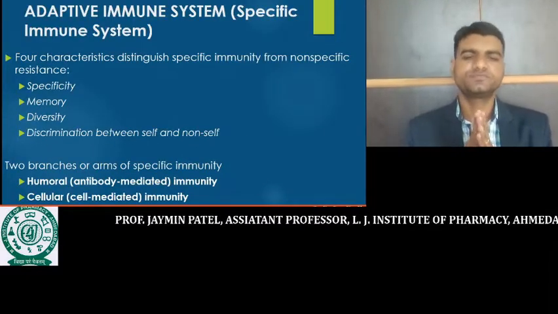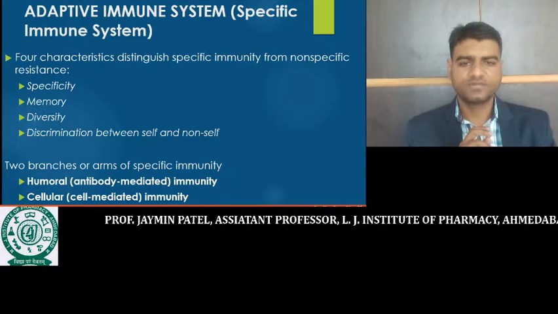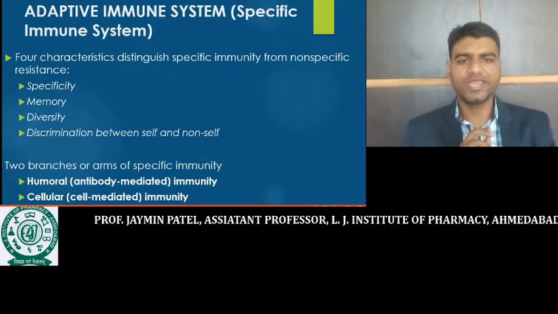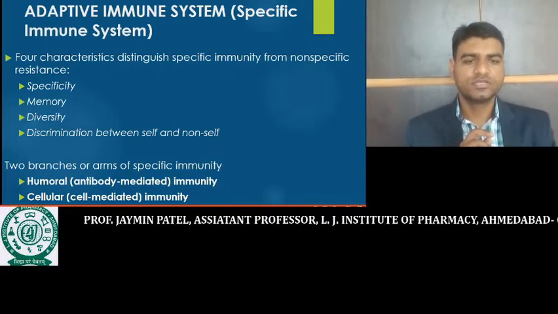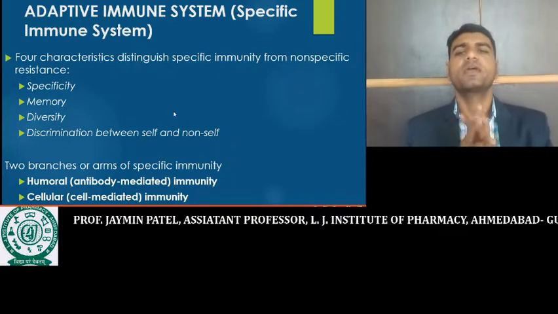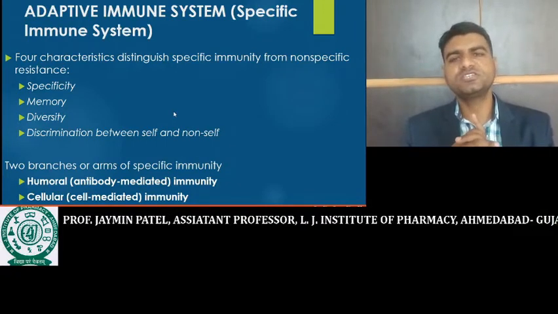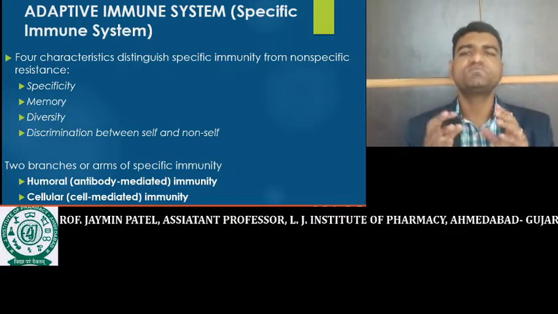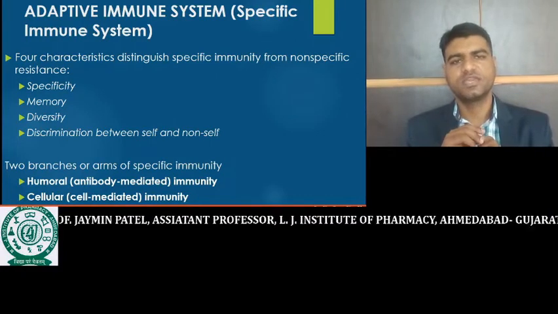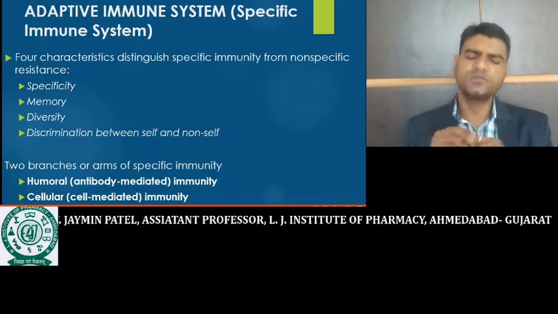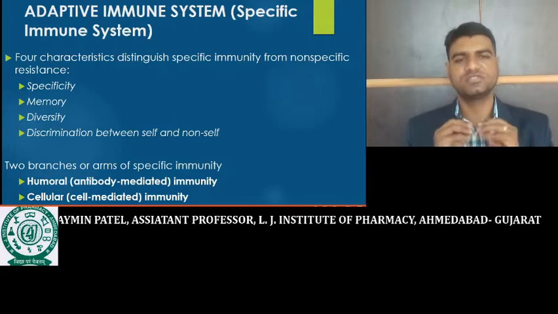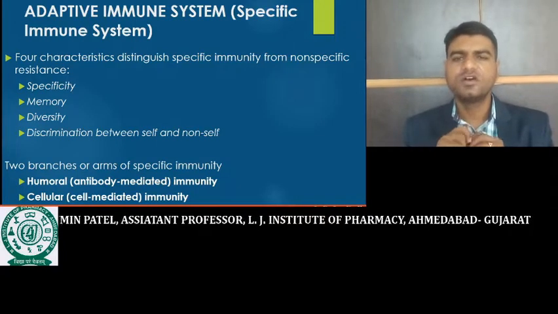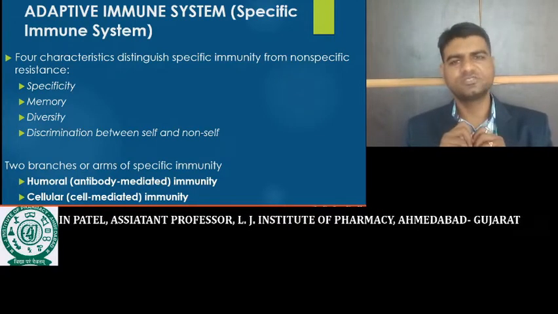Now we will move toward the adaptive immune system. The adaptive immune system is also known as the specific immune system, and also as the second line immune system. What is the meaning of second line immune system?